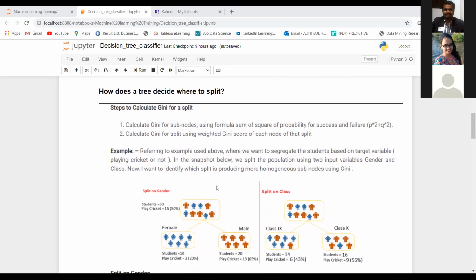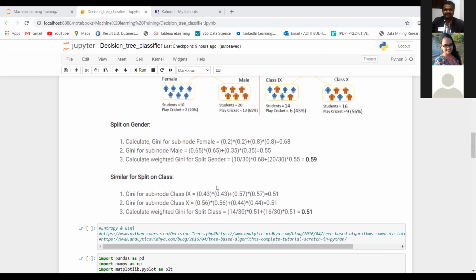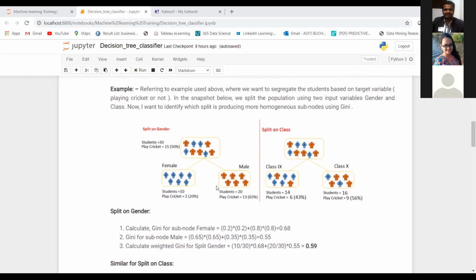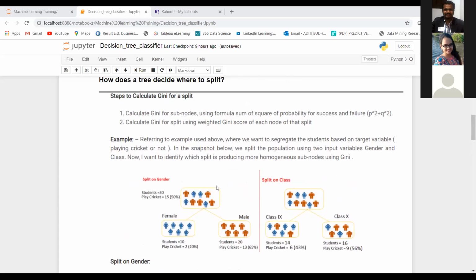Basically there are two concepts. The first one is the Gini, and the second one is the entropy or the information gain. These are the two concepts based on which this splitting is decided, like which feature the decision tree should use in order to make the split.